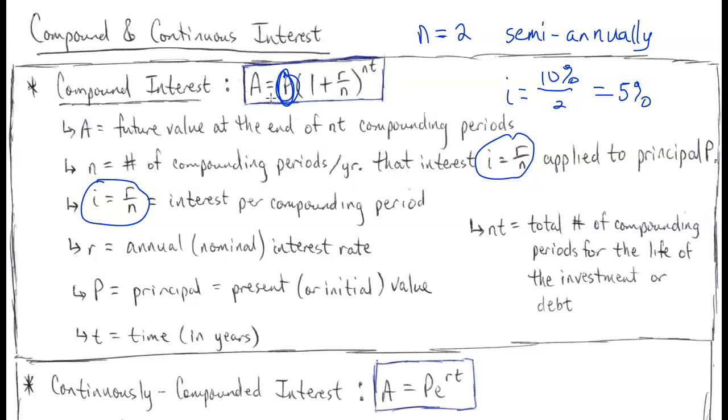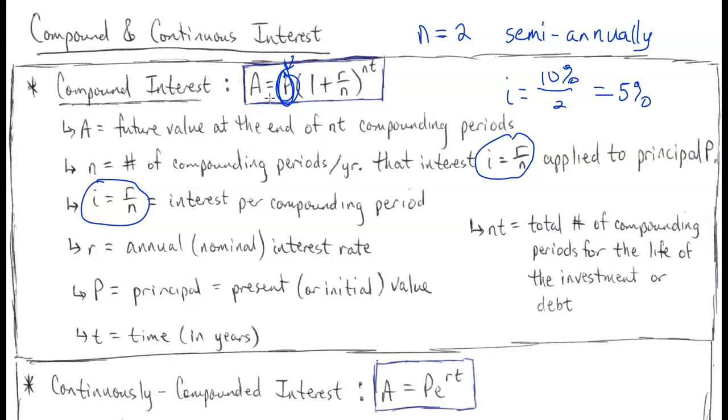Then at the middle of the year, right at 6 months, your new value for your principal is going to be P plus 5% of P. Then you go another 6 months, and that new amount, P plus 5%, is going to have another 5% added on to it. But it's going to be 5% of the new amount that you had at the 6 month period, once that first compounding of interest got added on.